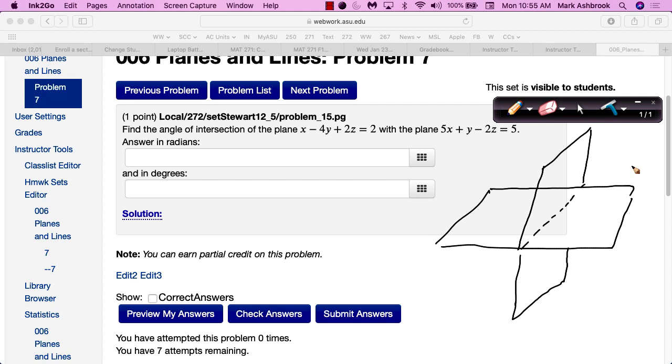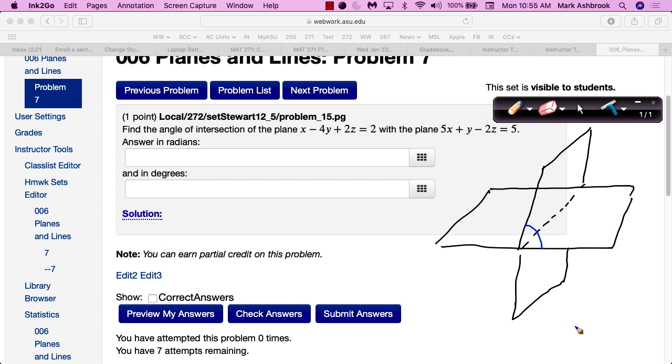So you may do the math perfectly correctly and get an angle greater than 90 degrees, an obtuse angle. You didn't do anything wrong. It's just that the angle of intersection, quote unquote, is the acute one, the complement. This one looks a little bit less than 90, so that's the one that we want.